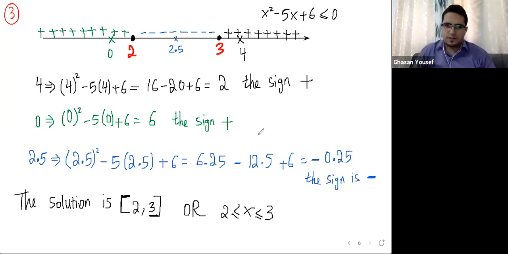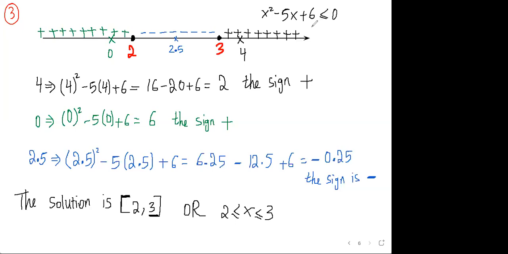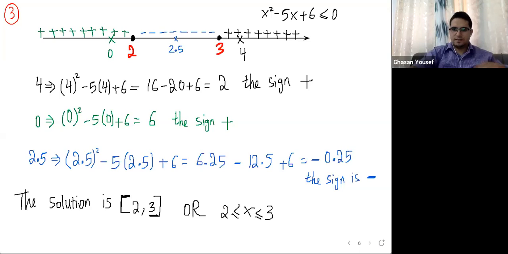Why is it closed? Eric asked why it's closed here. Yes, go ahead. It's because when you write a parenthesis, that's an open circle, which means you don't include that number. But when you have a bracket, that means you include the number itself. Yes, this is correct. Because here we have the equal sign.